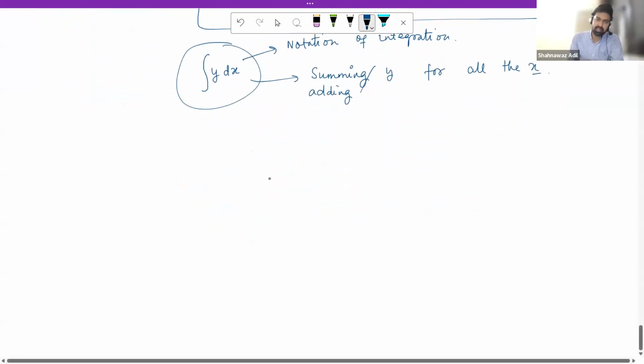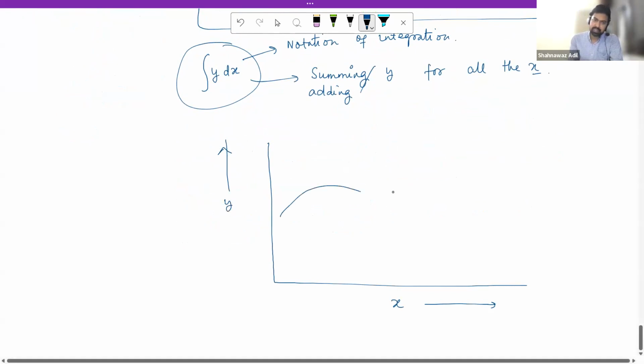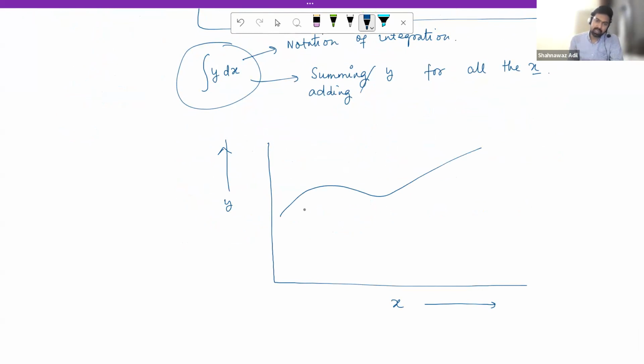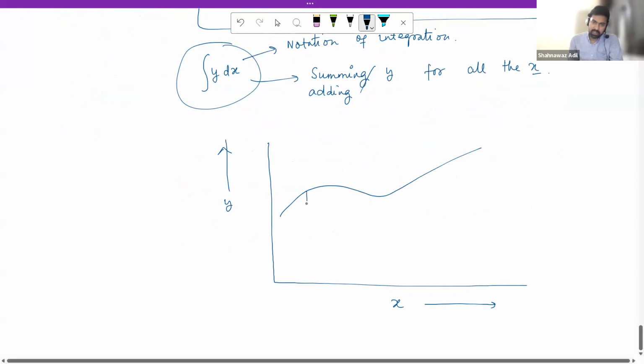So let's say that we have this x variable, this is y. And let's say that this is my y, right? So what I do is, let's say I take this part as dx.